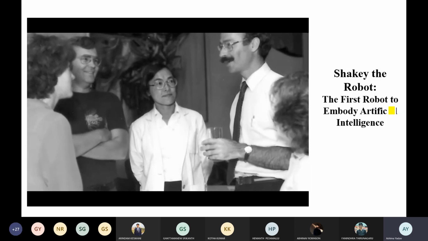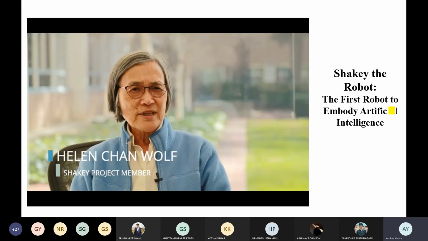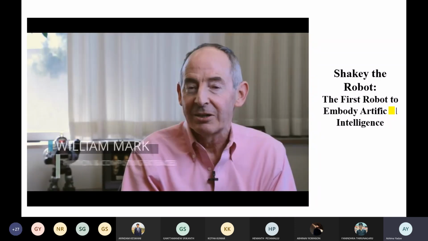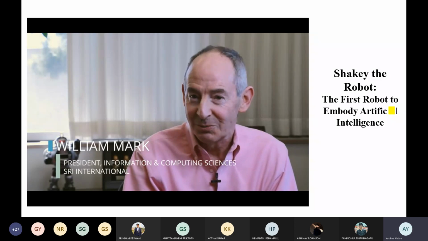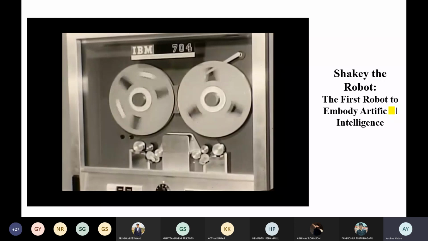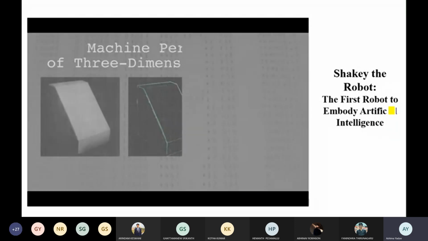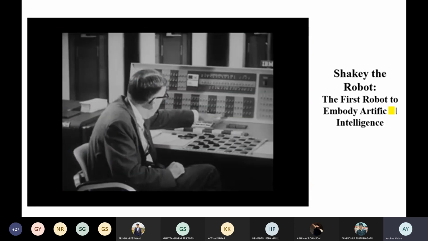I think we all thought we were doing really interesting stuff, so it didn't really dawn on us that we were doing anything special. Shakey established a position about what we should be thinking about as possible, as feasible. To understand why Shakey is so important, we have to go back to 1966, and we have to understand where AI research was at that time. Well, you have to remember that it was pretty much of a green field when Shakey started.